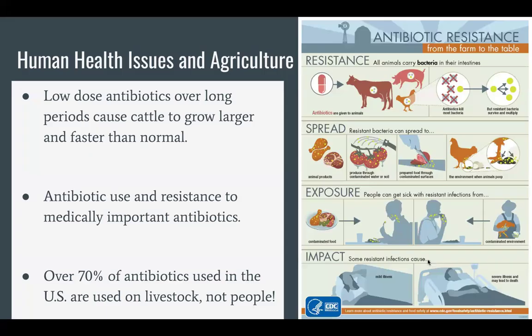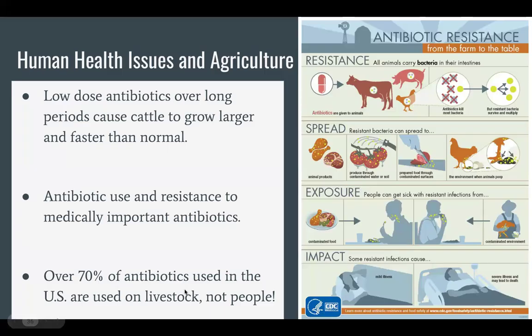Now, there is a big push to remove medically important antibiotics, the types of antibiotics that doctors prescribe us for infections, from the livestock industry. California has done this. It passed unanimously that we should not be using medically important antibiotics in livestock. But in other parts of the country, it's still meeting a lot of resistance from the livestock industry.